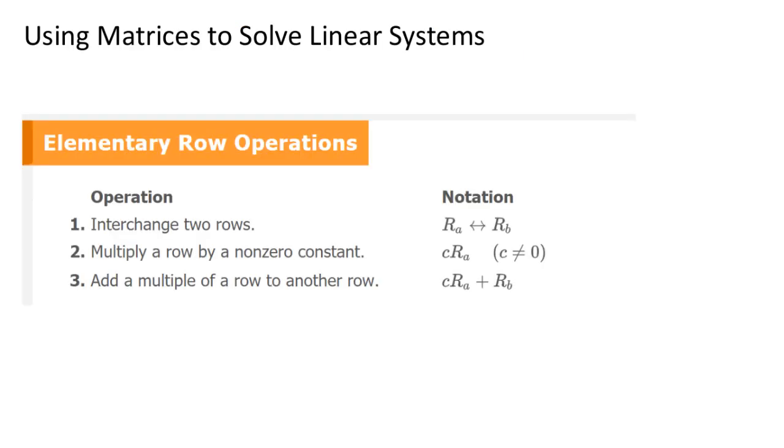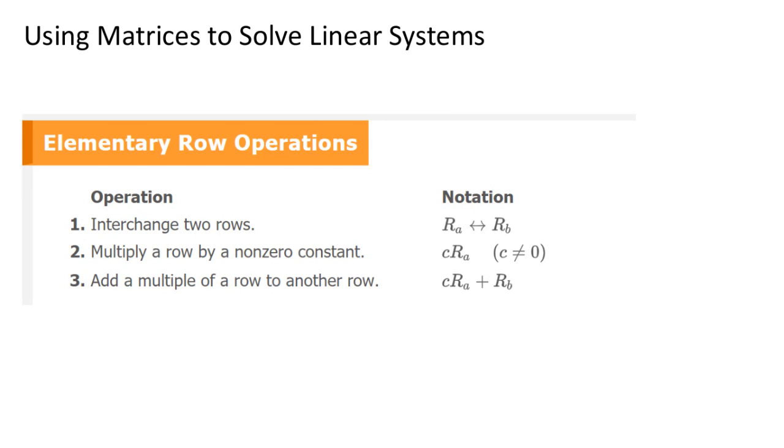All right, the reason why we were practicing to convert a linear system into a matrix form is because we can solve these linear systems using our matrices. Okay, so first let's look at some terminology as far as to do these row operations.